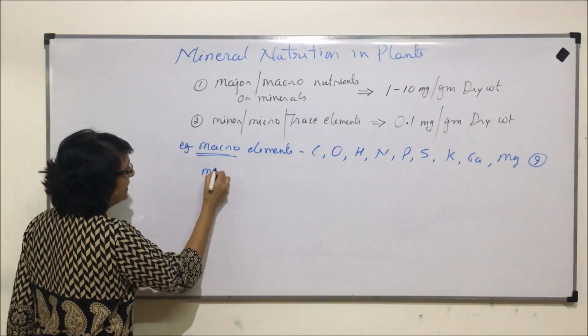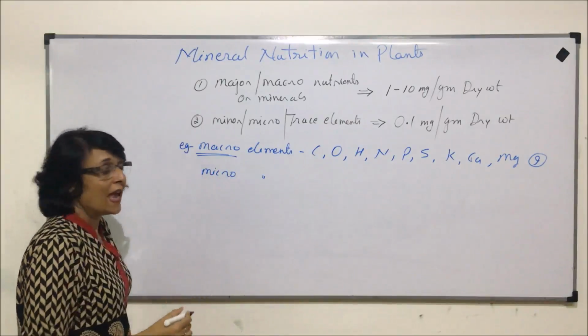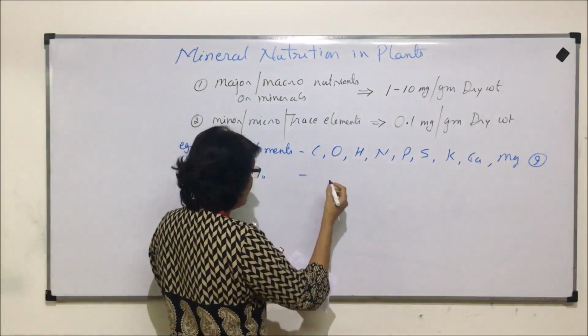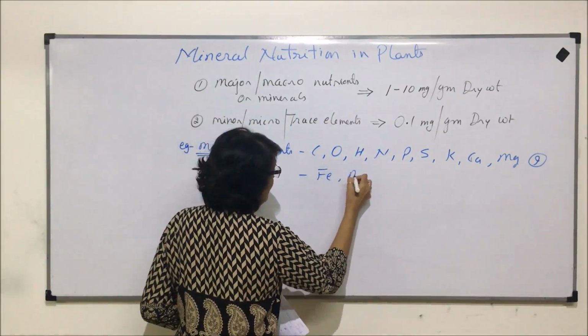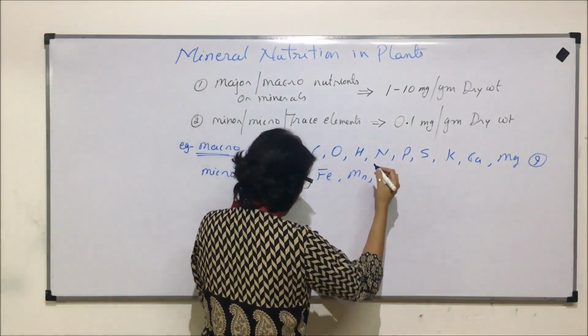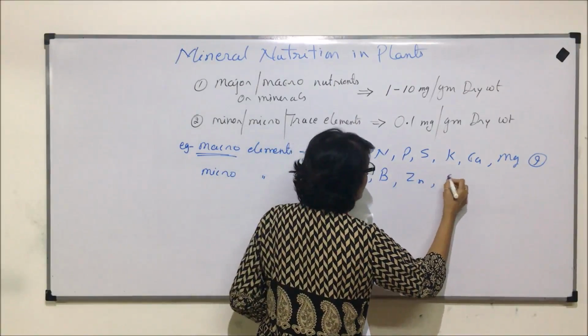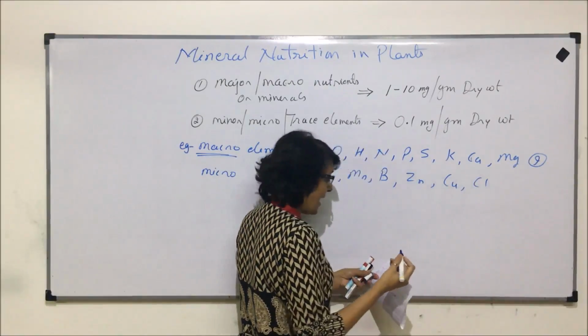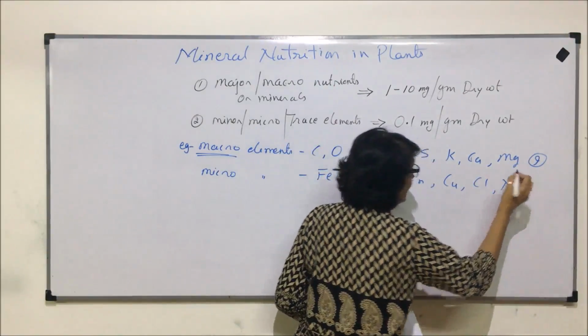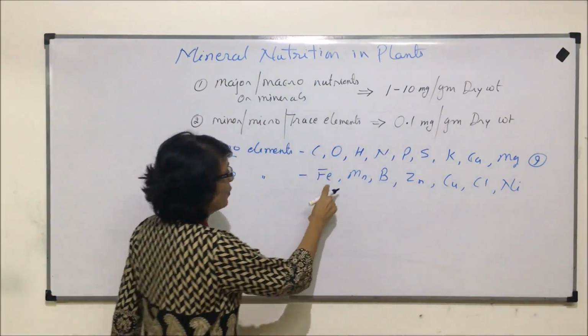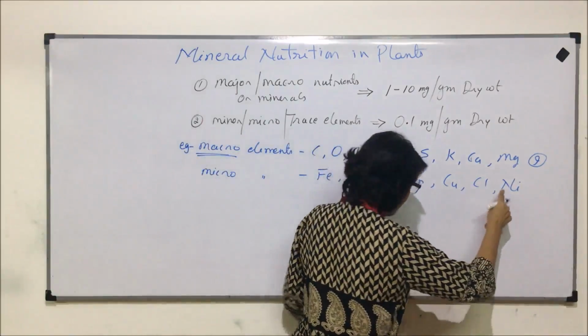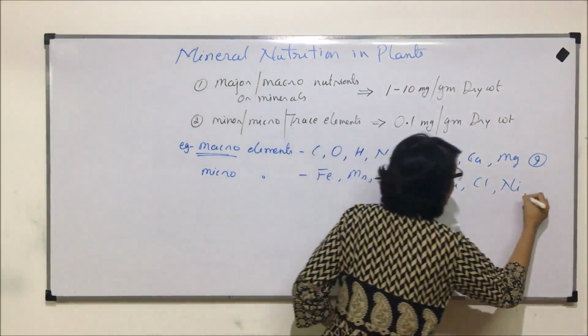The other category is micro elements, and we include iron, manganese, boron, zinc, copper, chloride ions, nickel in this category. So it is 1, 2, 3, 4, 5, 6, 7 and one more, molybdenum.